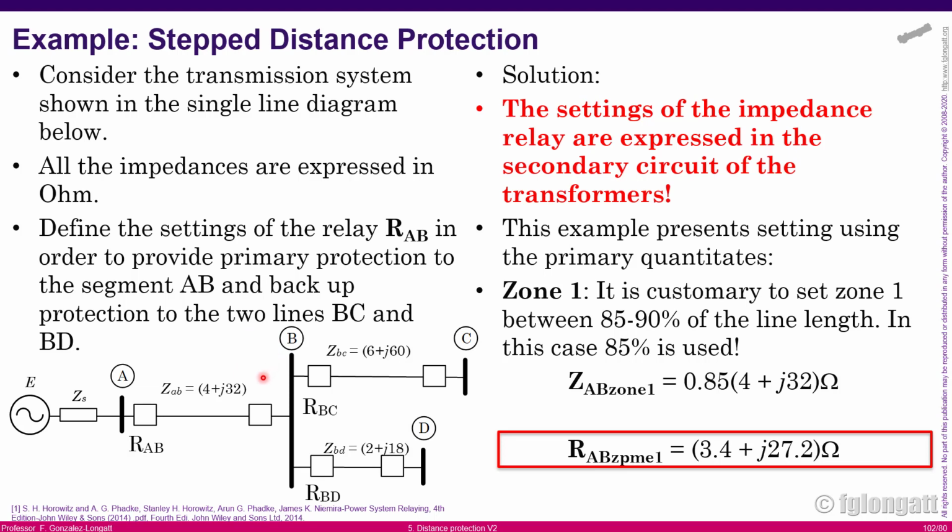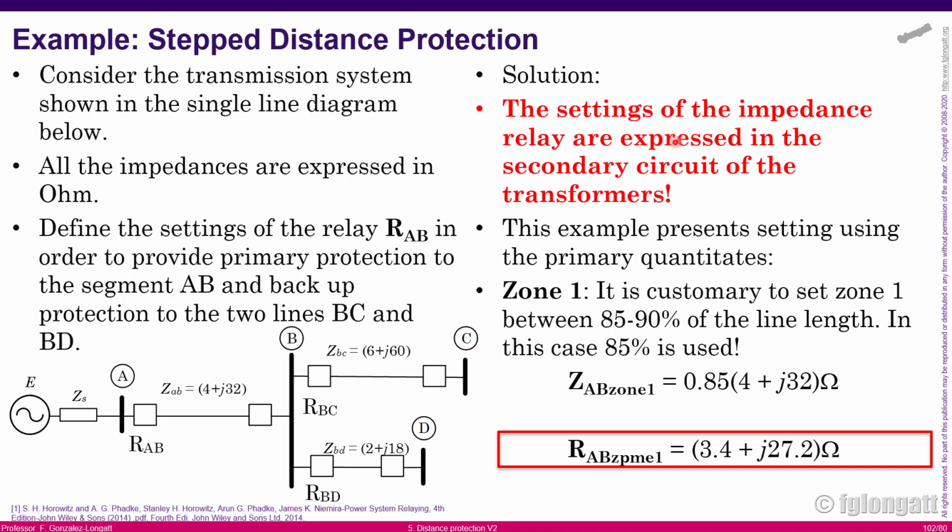All those impedances are impedances of the transmission lines, and it's clear that they represent the primary impedance, the impedance coming from the system. Settings of impedance relays are usually expressed on the secondary circuit of the transformers. However, there are very modern digital protections where you can run the settings without taking into account the transformer.